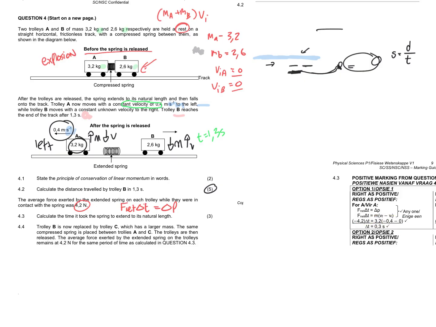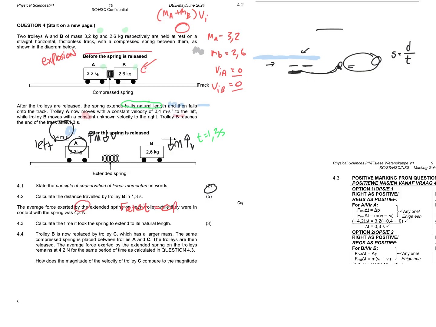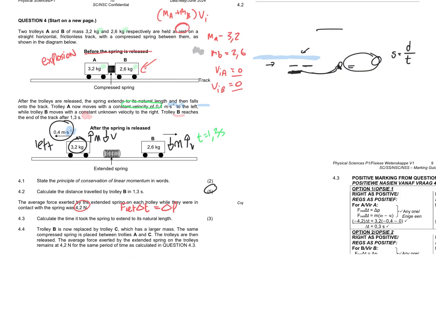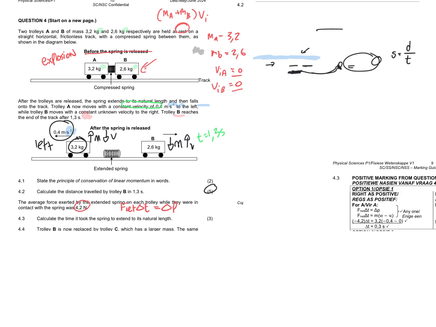And so for this little calculation here, you're going to get 3 marks. So you can get 3 marks for that. You're just solving for delta T. And you can get 2 by just writing the formula from the formula sheet, this one over here, writing this formula from the formula sheet, and just subbing in the force. It would be better if you could sub it in as negative if you are making right positive, and maybe just say this.